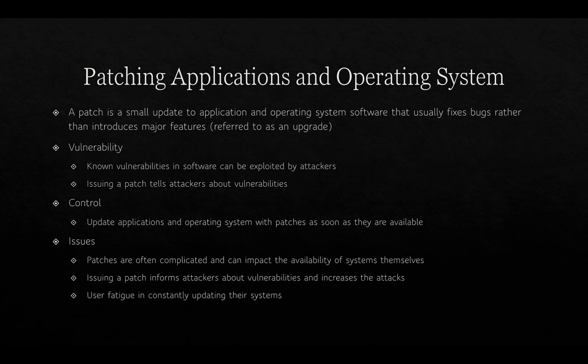User fatigue in this context is one of the other problems, where we're constantly updating our systems, and so the companies are addressing that by doing things like automated updates overnight so that you don't notice it on devices like mobile phones, computers, for example, but when you're in an organization, it becomes a problem. Doing this on cloud infrastructure is slightly easier, and so architecting applications so that they can be updated dynamically is actually very important.